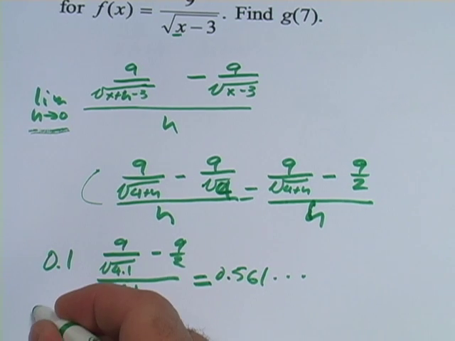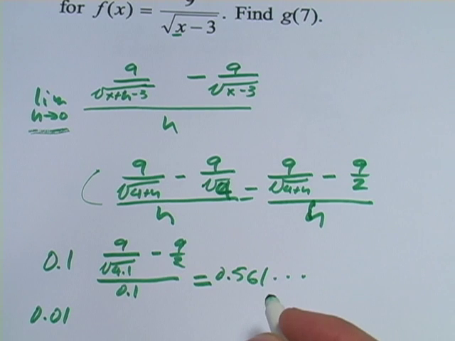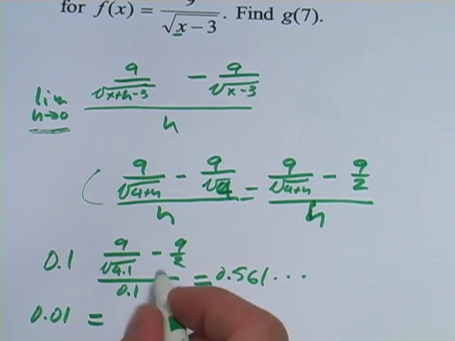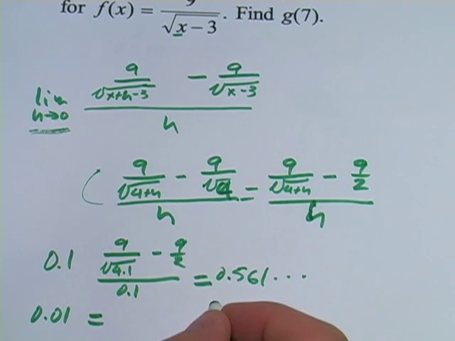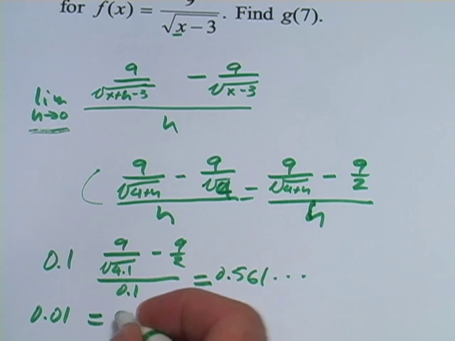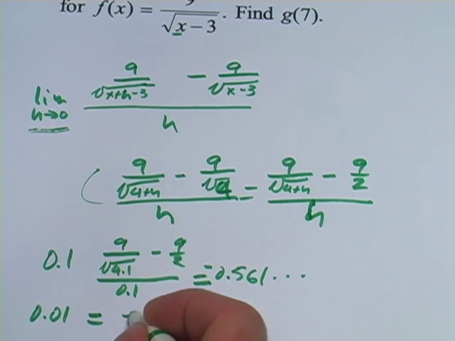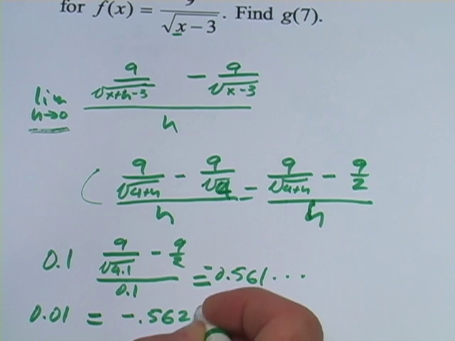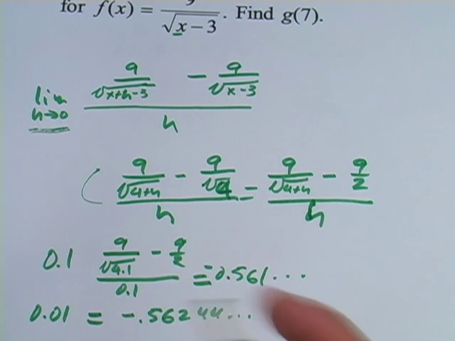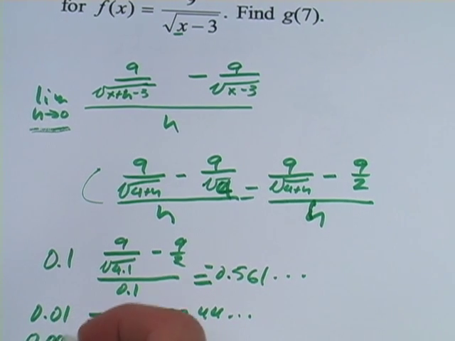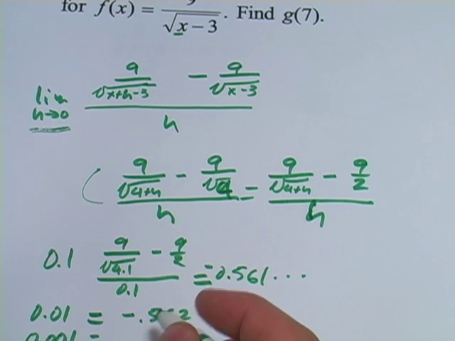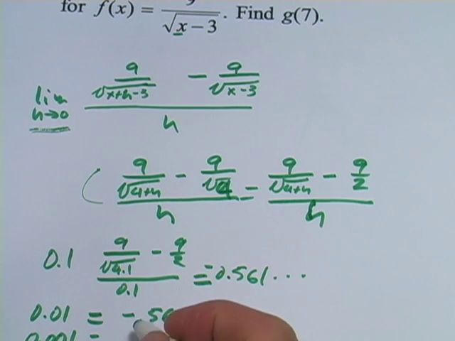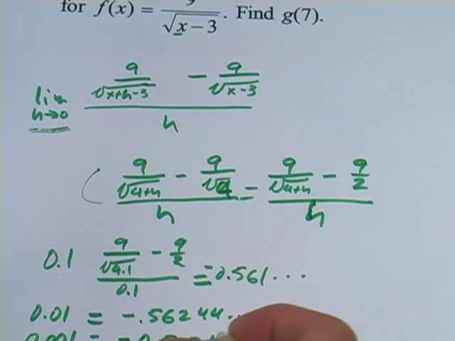So let's try this with 0.01. If you do that, and I'm not going to write it all out here, you would get negative 0.56244 and something else. And if you go a step further and go 0.001, what you would get is negative 0.56249.